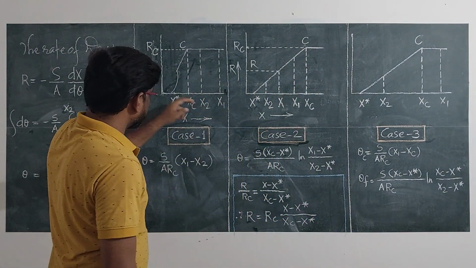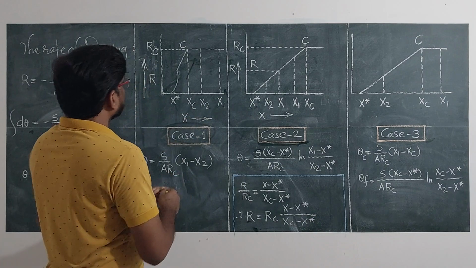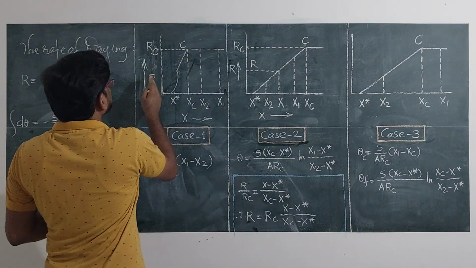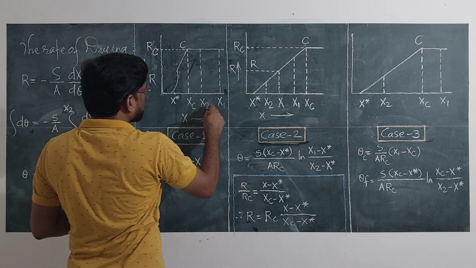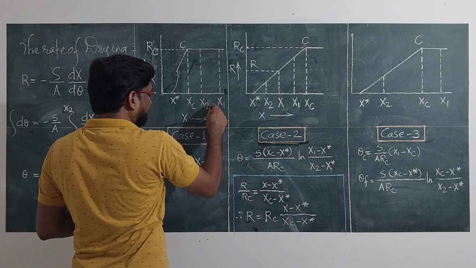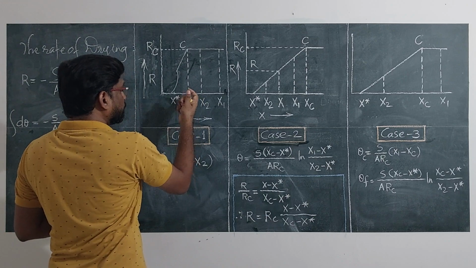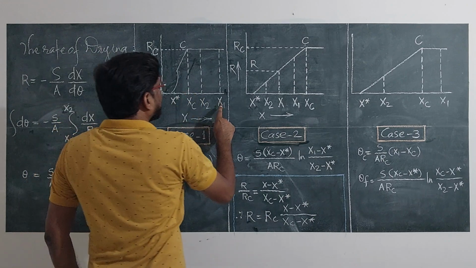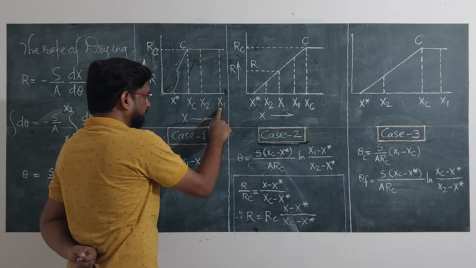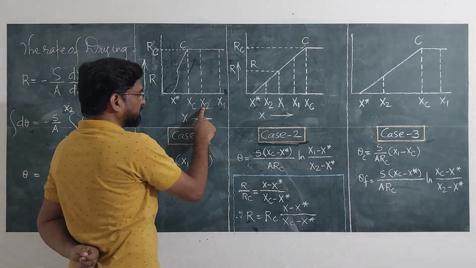The first case, what is that? If you look at the rate of drying versus moisture content, that is, this is the drying curve. If you look at this drying curve, x1 is the initial moisture content and x2 is the final moisture content.